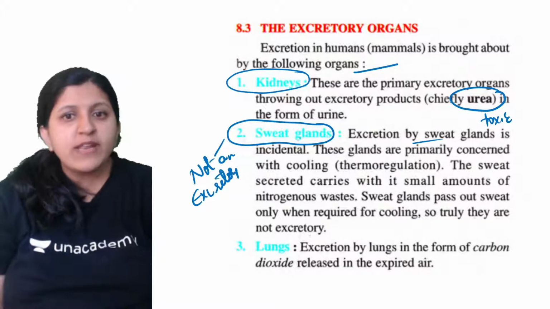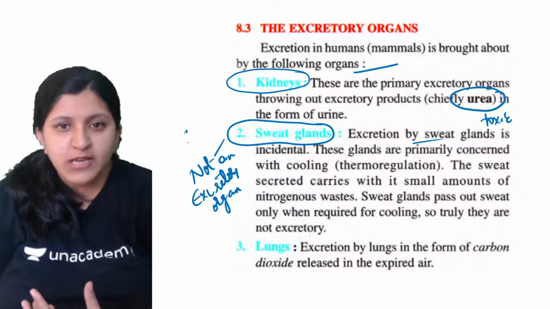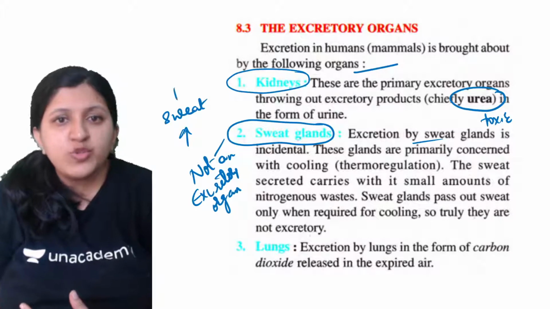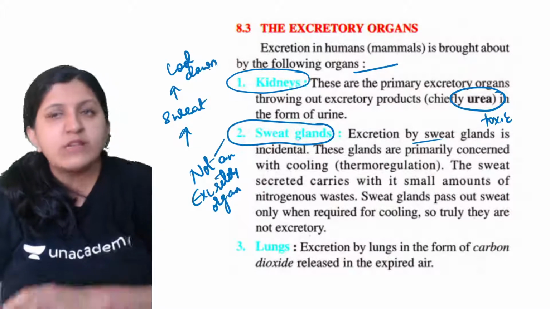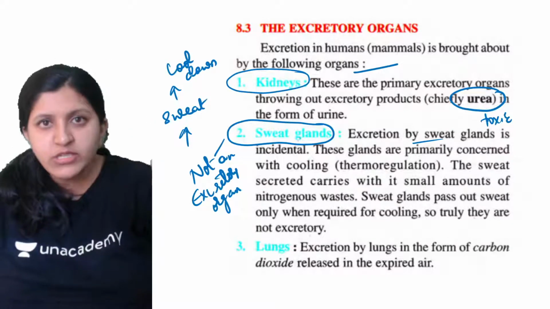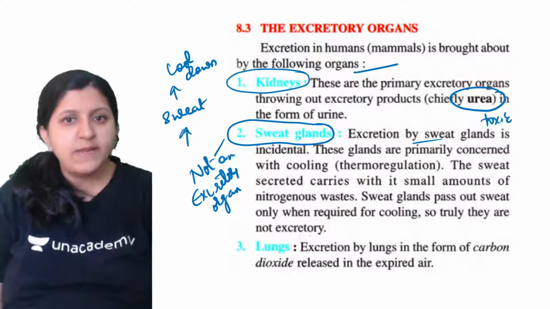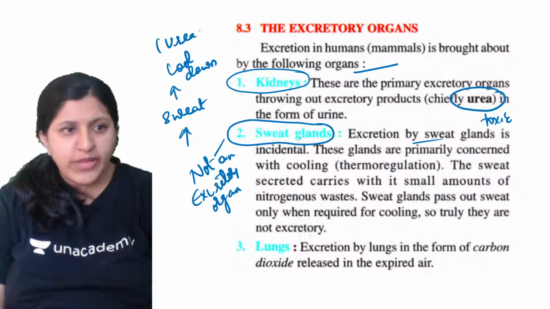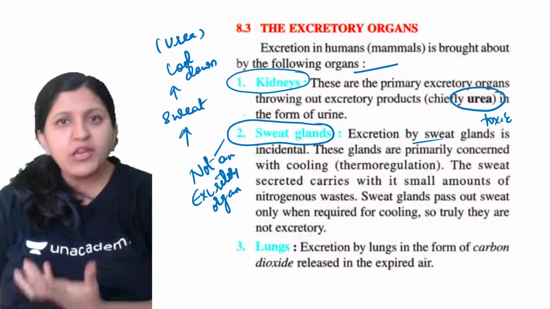Sweat production occurs to cool down your body, because the surrounding temperature is hot. This sweat can have some amount of urea as well, but with respect to that, we cannot say that this is an excretory organ.